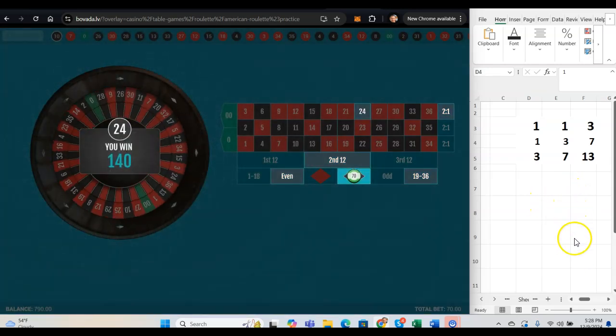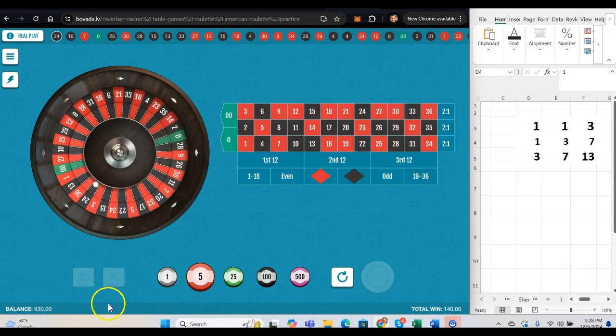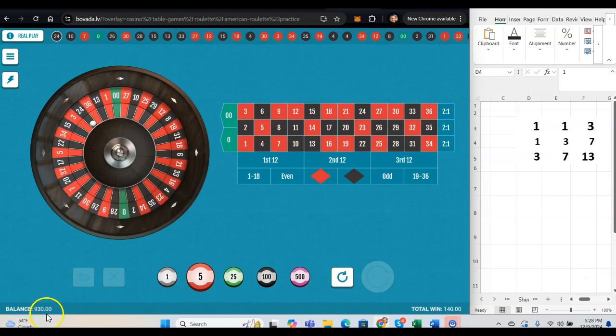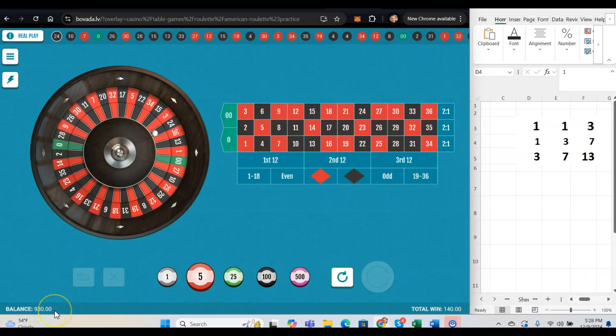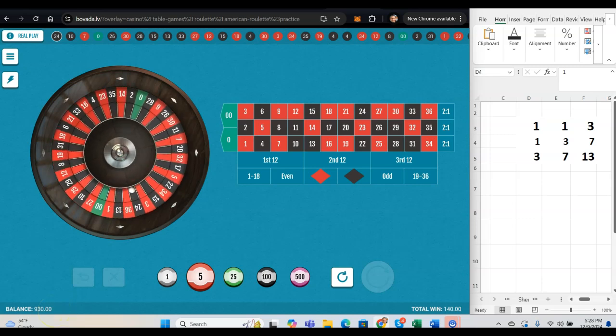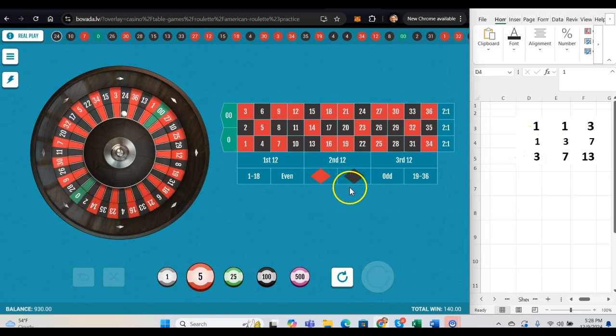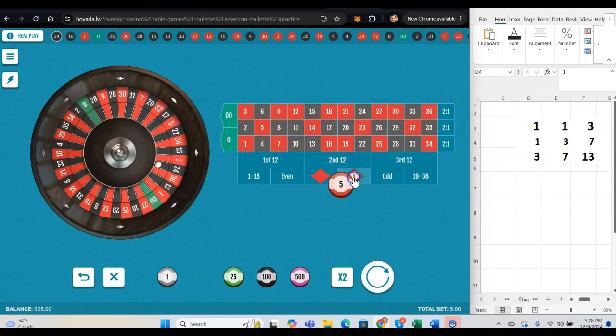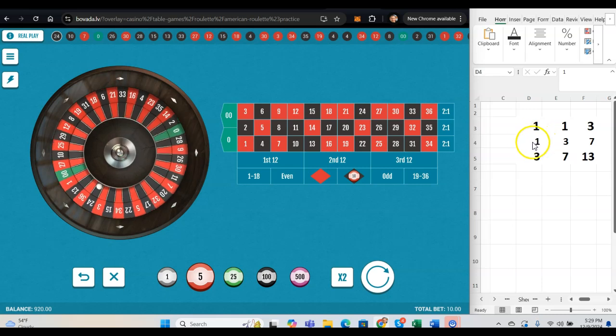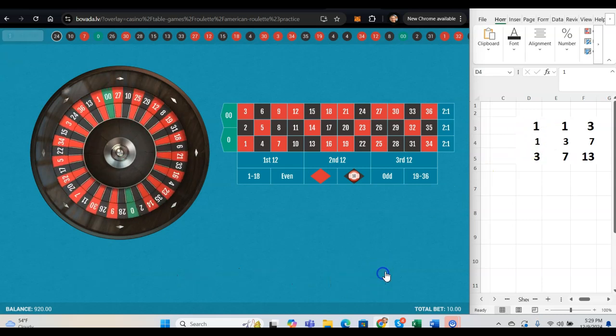There you go. There's a win. All right. But again, we're not back to break even. So my decision would be to stay on stage two, right? Which is a $10 or a 1 unit bet right here.